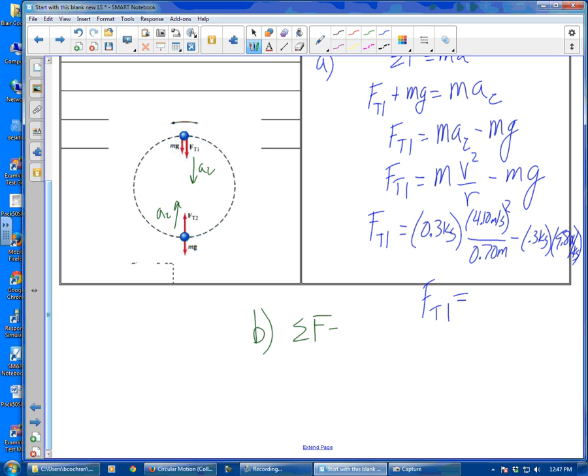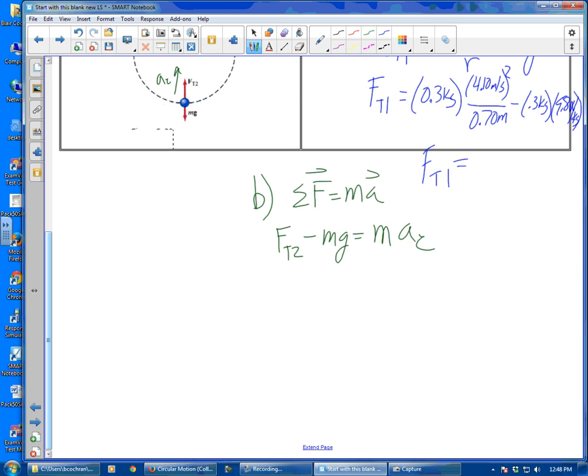So I start with Newton's second law again. In the forces I have, which, do you want to call up positive? Is that okay for the bottom? Okay. I have F_T2 minus mg equals m times centripetal acceleration. Again, F_T2.